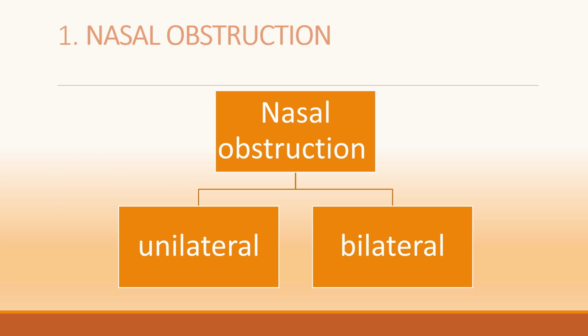Before discussing the nasal symptoms, we should remember that for any symptomatology you should think about congenital, traumatic, inflammatory, neoplastic, and other causes that can apply to any symptomatology in medicine.